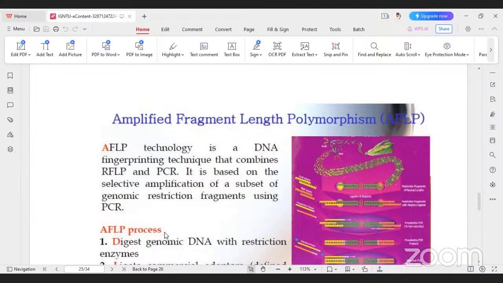First of all, actually the steps are not given here. First, we have taken DNA strands.